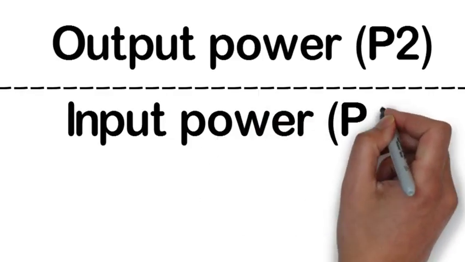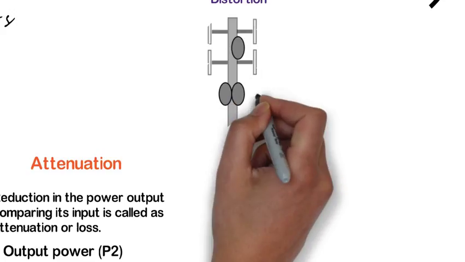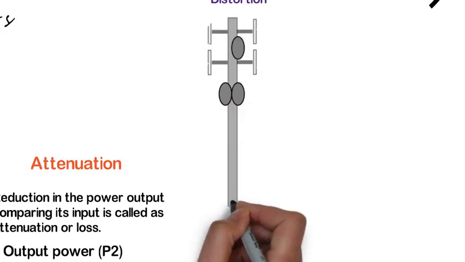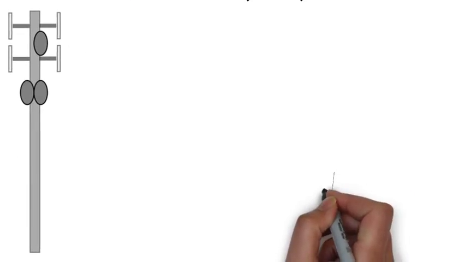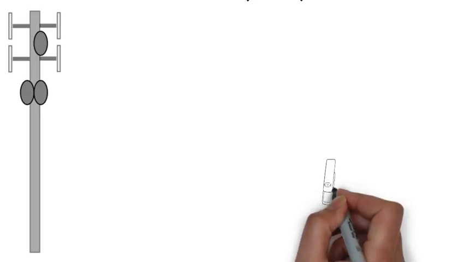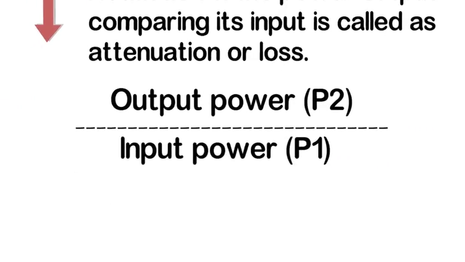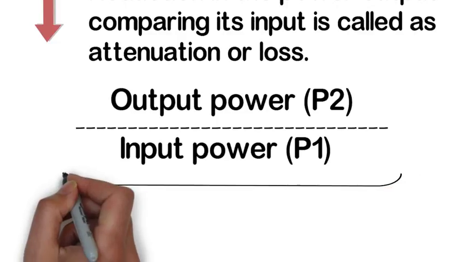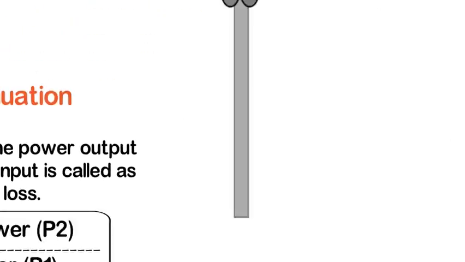To explain this, we consider one example. Let us understand this is a cell with a BTS which is communicating with the nearest mobile station. When we talk in terms of attenuation, as we rightly said, it is the ratio of output power P2 divided by input power P1.